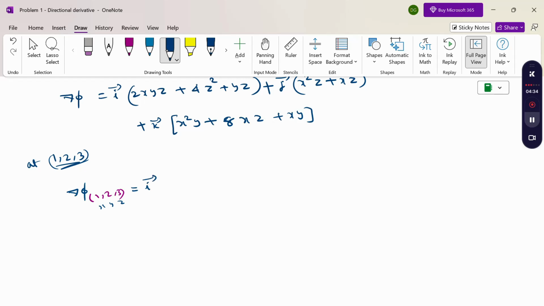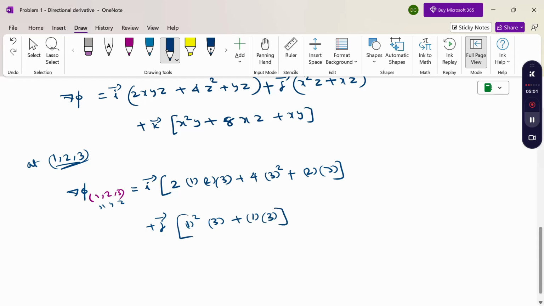Substitute x equals 1, y equals 2, z equals 3. Therefore, 2 into 1, 2, 3, plus 4 into z squared, 3 squared, plus y is 2 and z is 3; plus j vector x squared, 1 squared, z is 3, plus x value 1, z value 3; plus k vector x squared, 1 squared, 2, plus 8 into 1 into 3, plus xy, 1 into 2. Just substitute the x, y, z values.